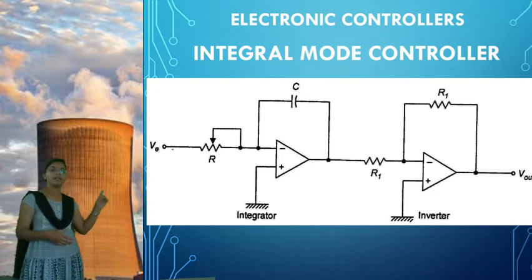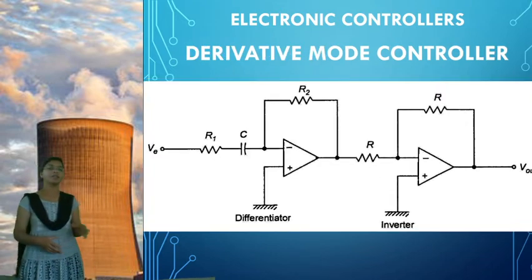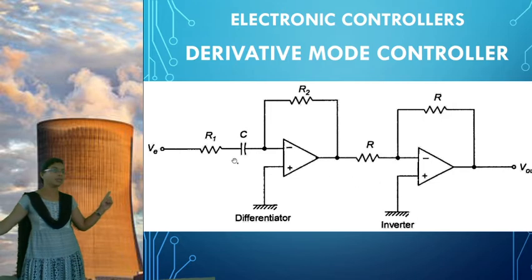The non-inverting terminal is connected to the ground. It is the same simple circuit, I will show that one, which is a derivative mode controller. This is a differentiator, with the capacitor at the input side. Here you can observe the capacitor at the input side, and an input resistor connected to the input voltage, and this resistor we take as the feedback element.